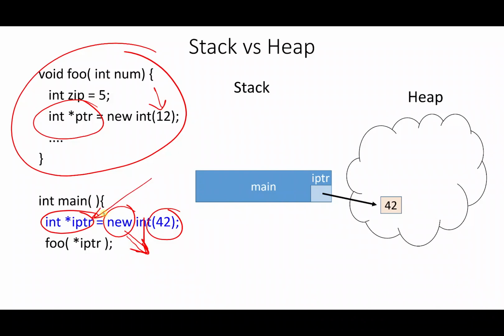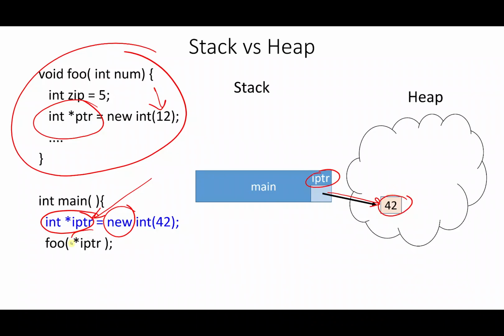If there's not enough memory and there's no memory location for you to use, the compiler is going to produce an exception. Okay, so we asked for memory, the compiler and the operating system satisfied our request and gave us a memory location. So now iptr is pointing at something in the heap and we store 42 inside.